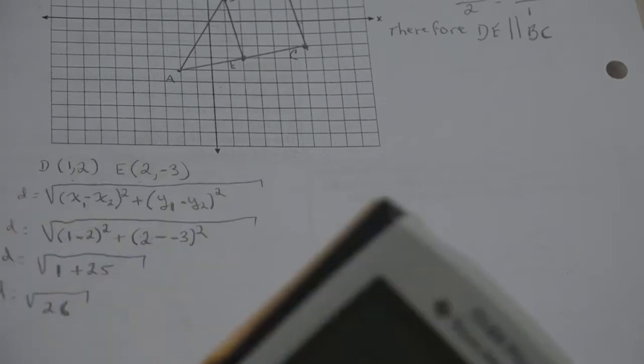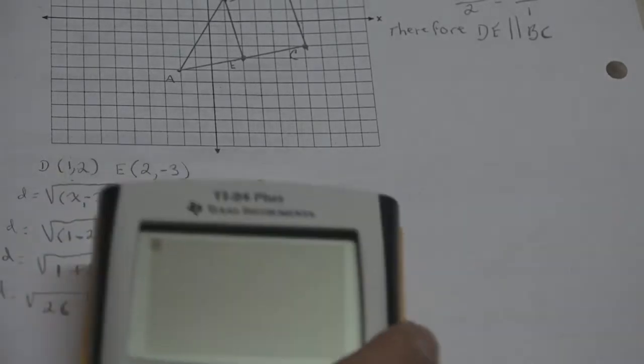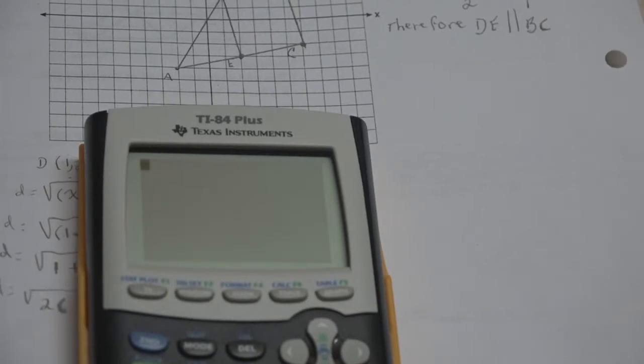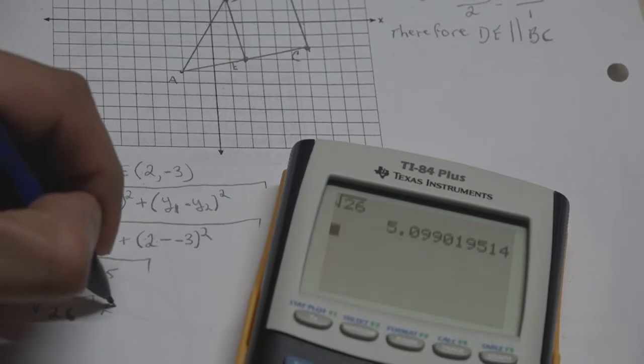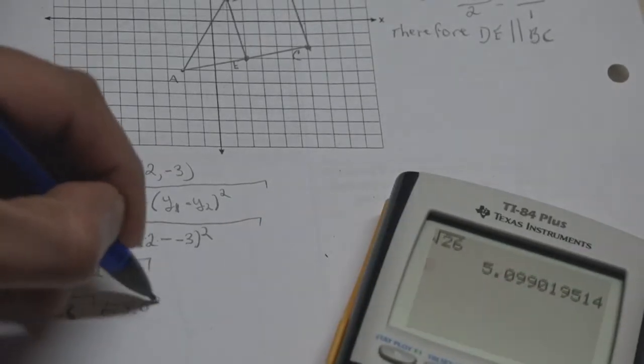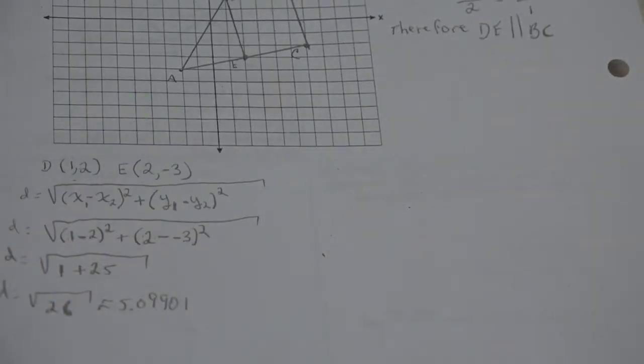Just to be sure, let us calculate the square root of 26 on the calculator. The square root of 26 is 5.099, approximately 5.09901.